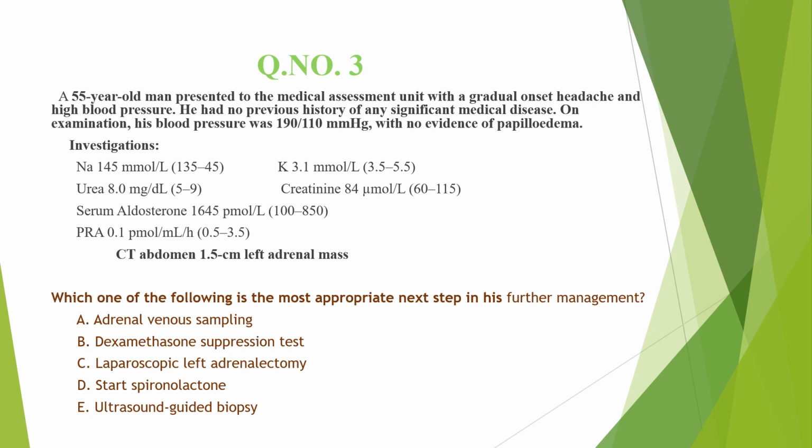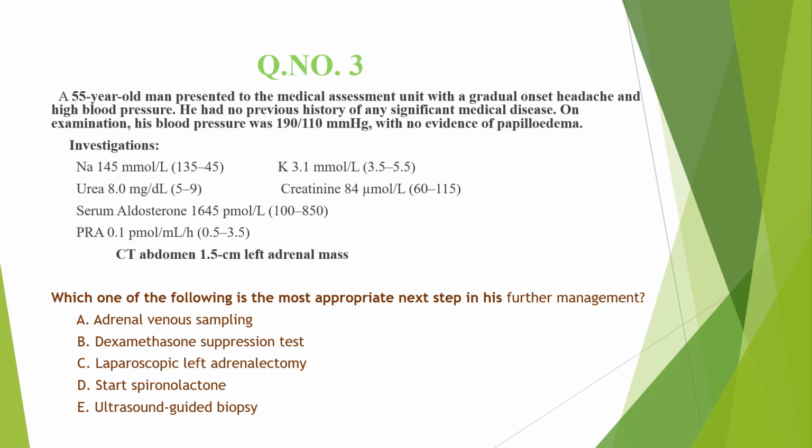So the most appropriate next step after 40 years of age in patients with primary hyperaldosteronism, even if you detect a mass on CT abdomen, is option A, adrenal venous sampling to localize the lesion, because the incidence of solitary adrenal adenoma, also known as adrenal incidentaloma, on routine imaging of the abdomen is a common entity.